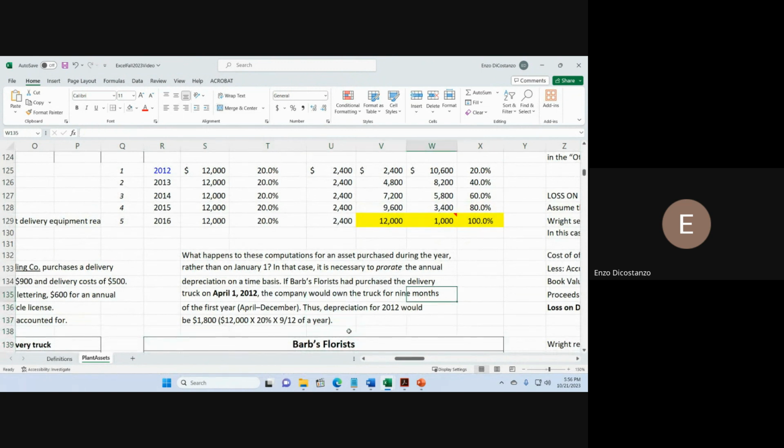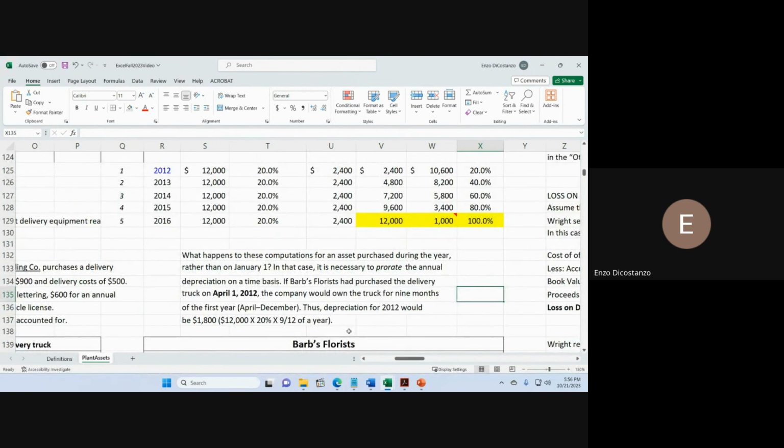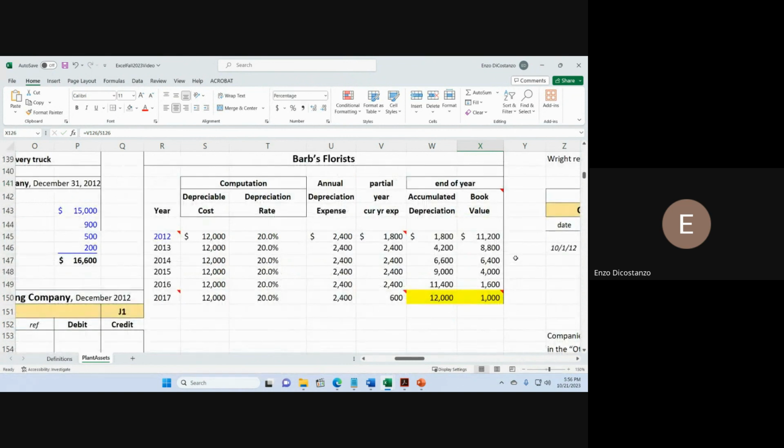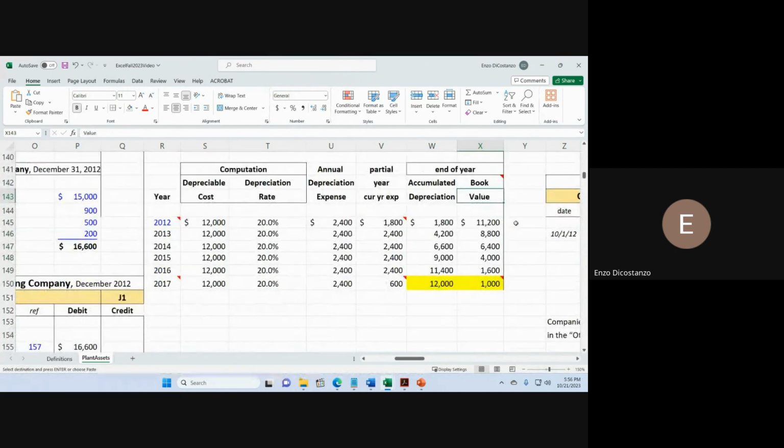We got that right word, prorated? Yeah, prorate. Okay. And with the percentage, you can sort of jam it in there.